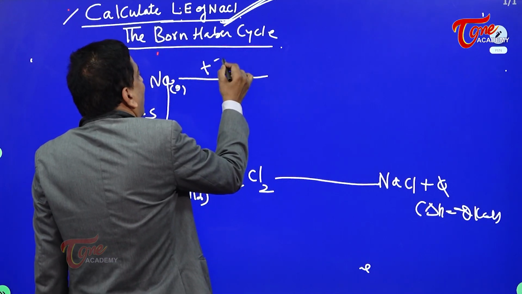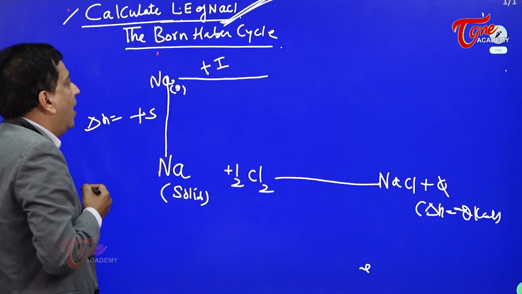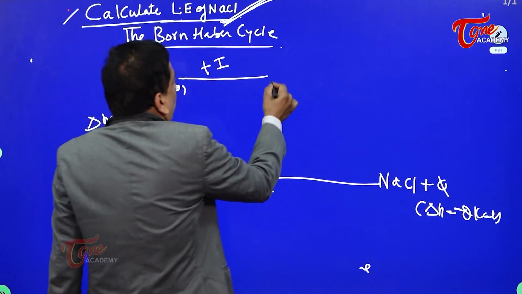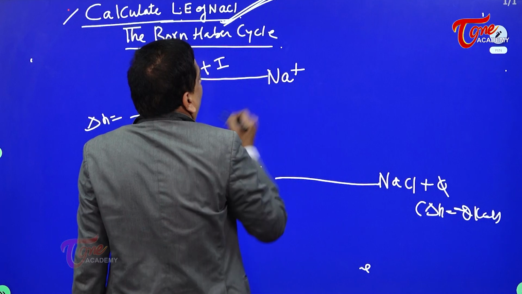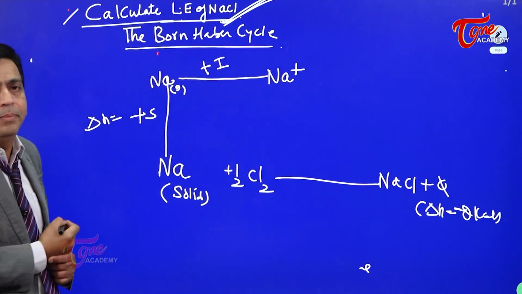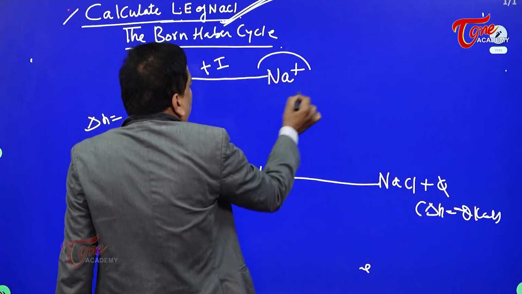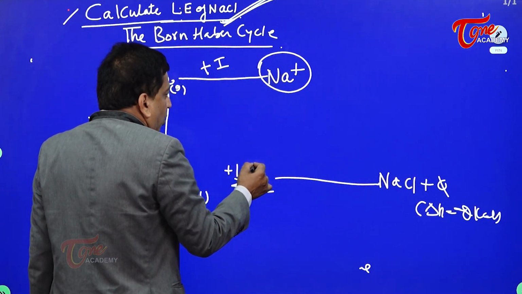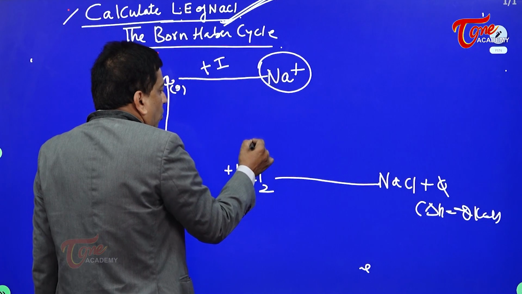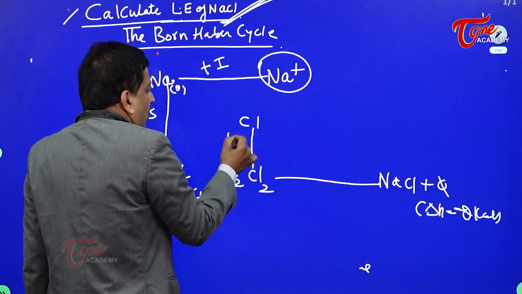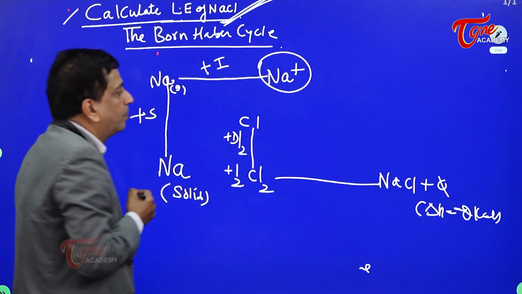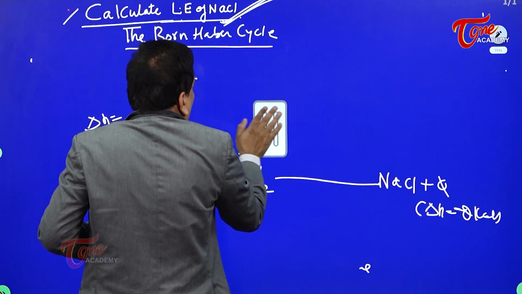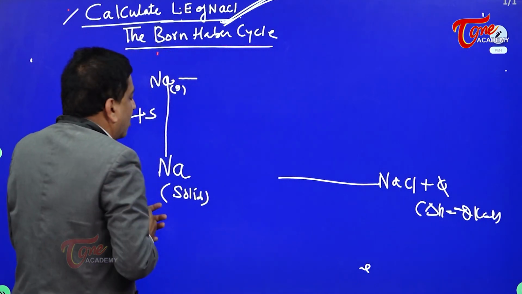So again you spend some energy, ionization energy, and then you have Na plus formed. You removed an electron, so now the Na plus is ready for you. Now this chlorine is dissociated into chlorine atoms, and for this you provided D/2. We'll make it short, such that the cycle looks having a perfect decorum.